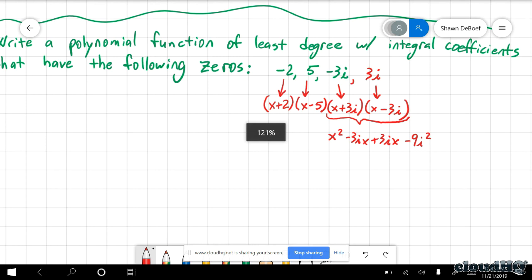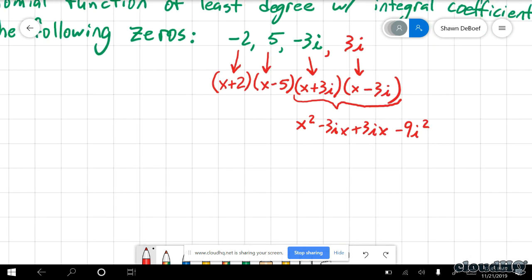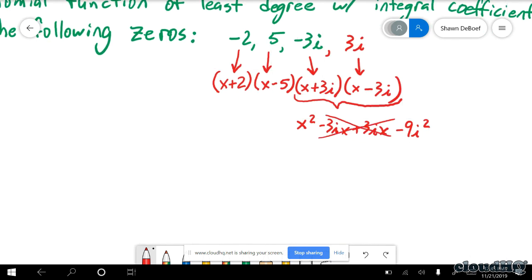So when I simplify that down, the -3ix and the +3ix will cancel each other out. And -9i squared, what does that equal to? +9. Remember, i squared is defined as -1, so it's -9 times -1, +9. So when I multiply those together, I got x squared plus 9.